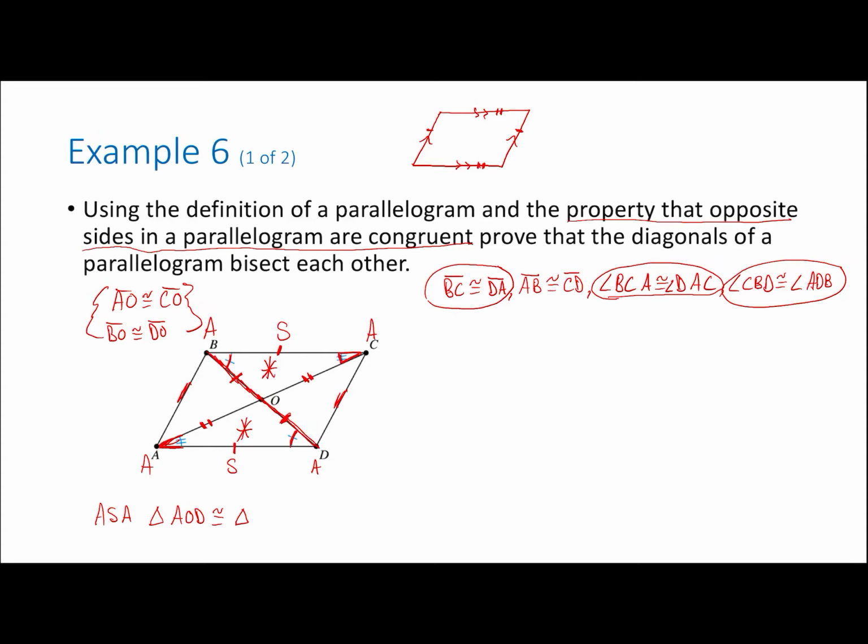So based on angle, side, angle, we know that triangle AOD has to be congruent to triangle, making sure I get all the letters in the right order here, COB.